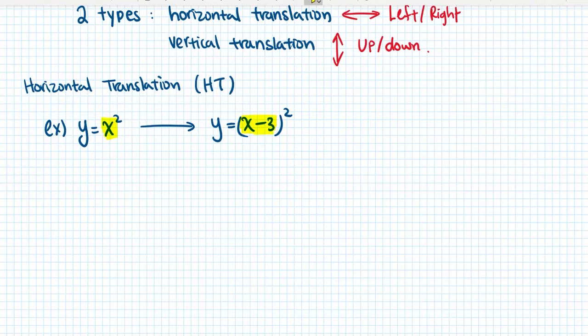So let's look at how the graphs are changed when we apply the horizontal translation in this example. If we draw the graph for y equals x squared, this would be the shape.